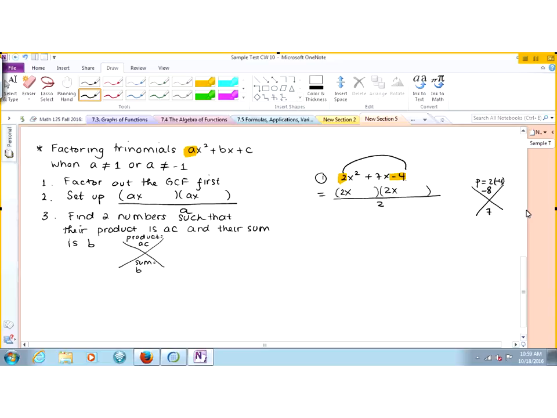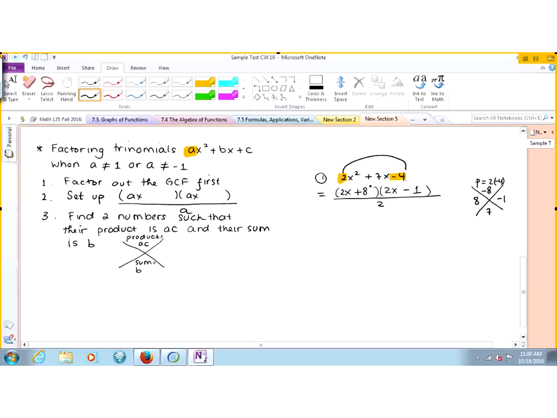So give me those two numbers. If I multiply, it's -8. If I add, the answer is 7. So what are those two numbers? 8 and -1. So let's check. If I multiply, is it -8? Yes. If I add, is it 7? Yes. So this is correct. So 2x plus 8, 2x minus 1. Is it easy?